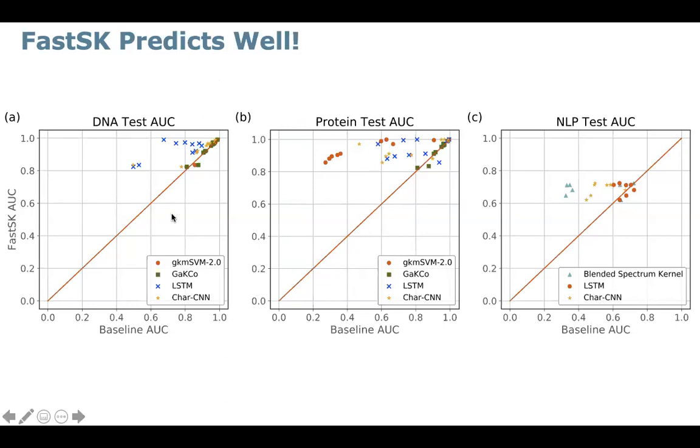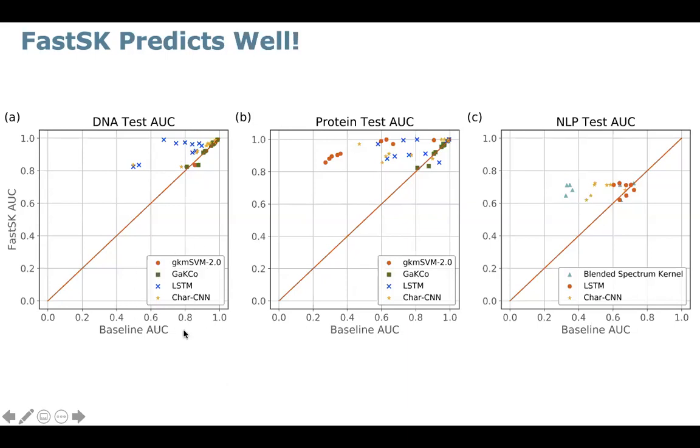This is a figure showing the performance. The x-axis are the baselines. There are multiple different kinds of baseline, labeled with different colors and different nodes. The y-axis is the FastSK AUC. If a point is higher than the diagonal, it means FastSK performs better than the state-of-the-art baselines.